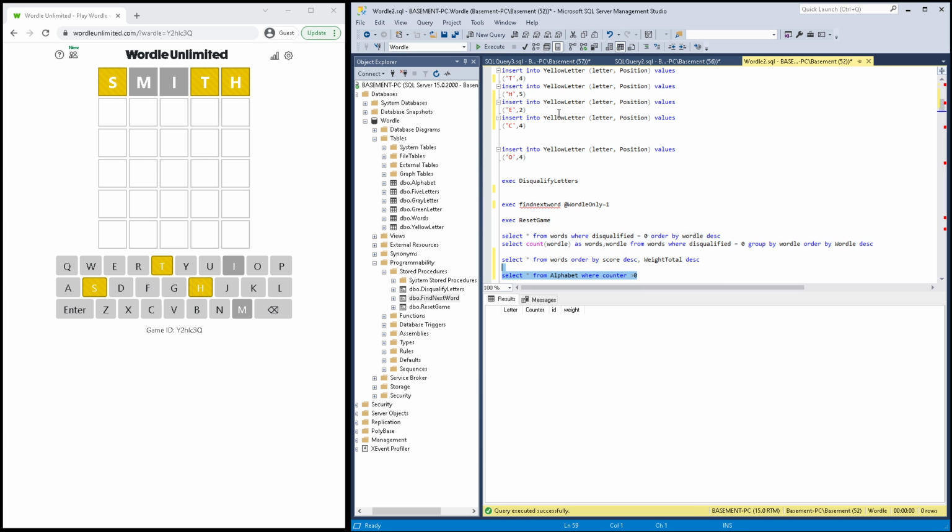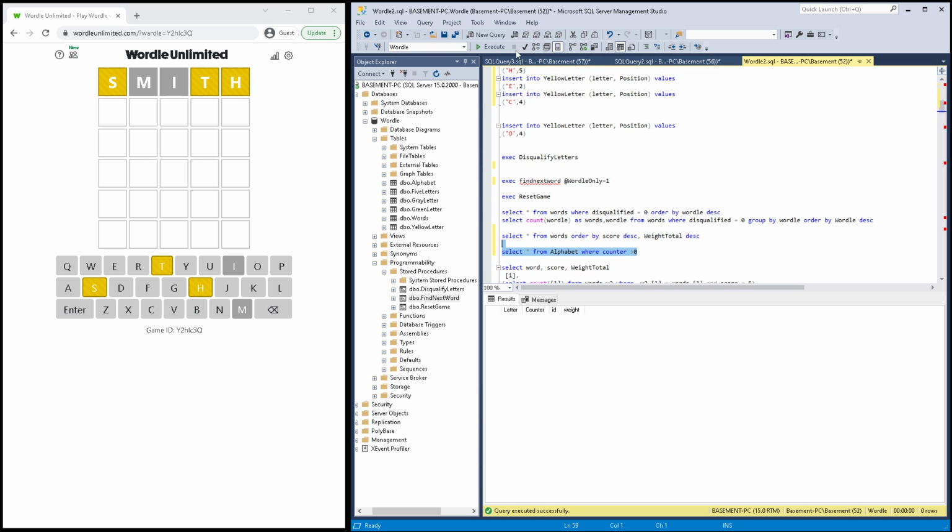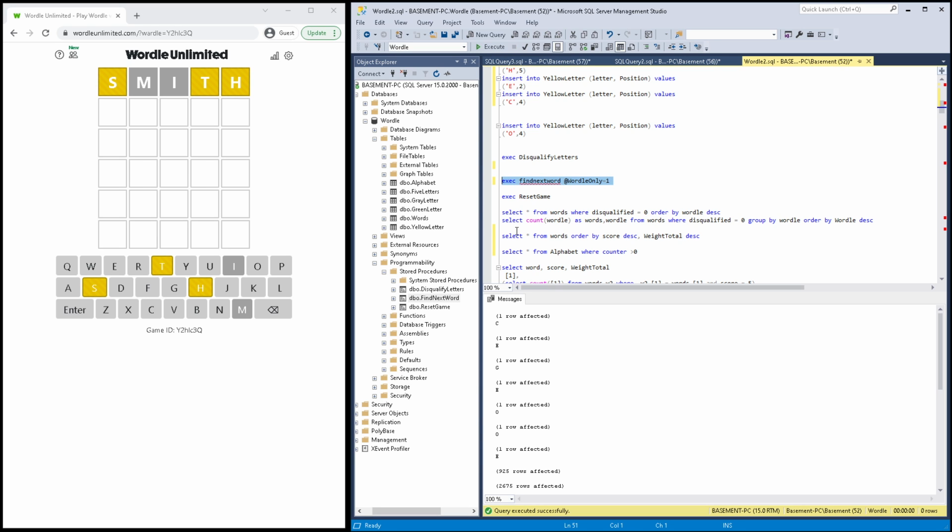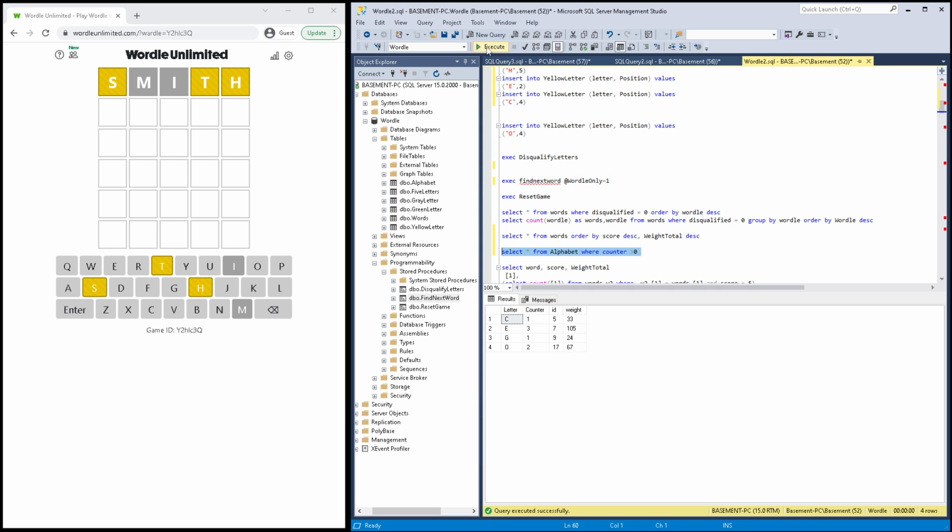I take all the words that are left from here. We'll do the find next word, and because we know this is a Wordle word, we're going to qualify it with this 1. And then in the alphabet, we are only looking for the letters C, E, G, and O. Those are the only 4 letters that can be left because there are only 5 words left.